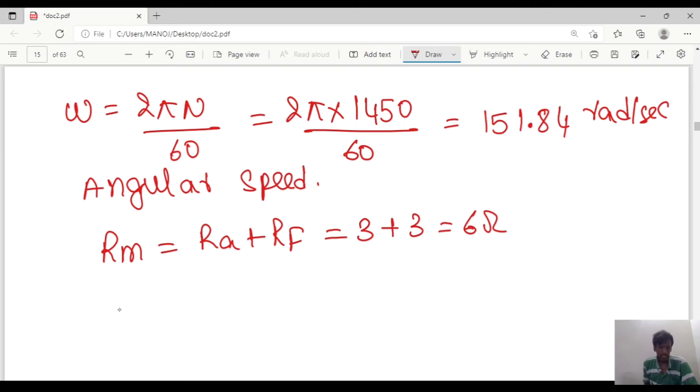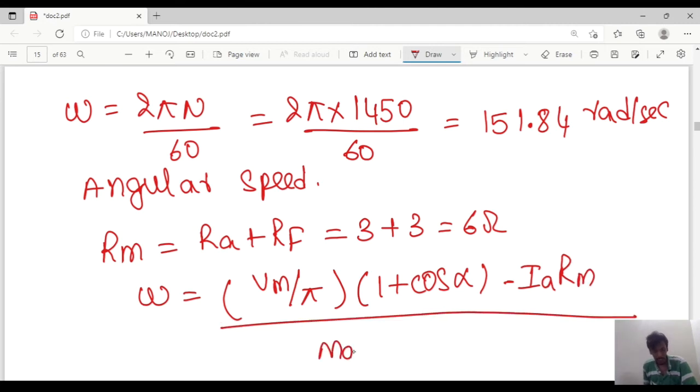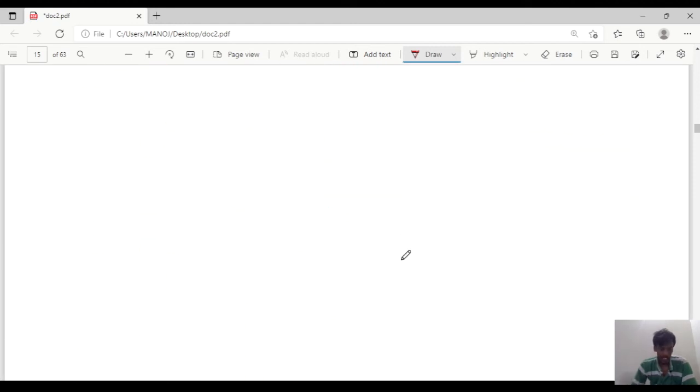So we can compare this with omega equal to Vm by pi into 1 plus cos alpha minus Ia Rm, by MEF into Ia plus M resultant. We neglect the M resultant value. As we calculated, the omega value will be 151.84.